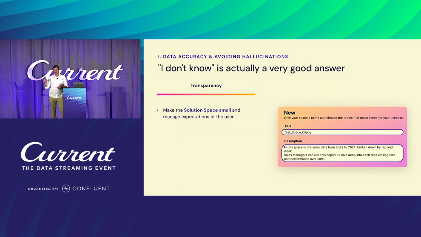So again, this is tied into this workspaces topic. So you should actually create smaller workspaces where you say, this is, for example, a Copilot for the sales team. It is only trained and configured to answer sales-related questions. It cannot answer questions about the weather or anything else. It cannot write your marketing plan.